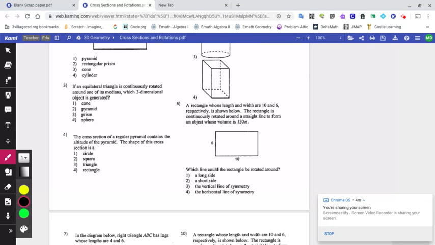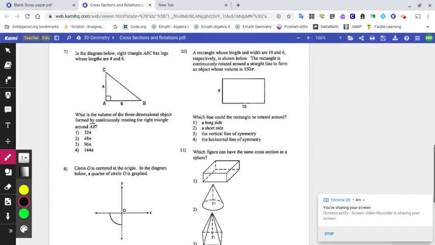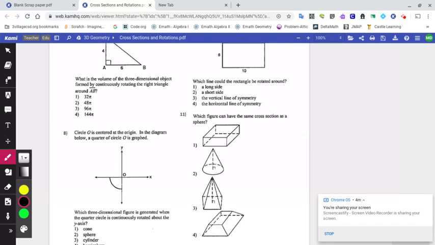The next question that people had asked was number 8. Circle O is centered at the origin. In the diagram, only a quarter of it is shown. What three-dimensional figure is generated when the quarter is continuously rotated about the y-axis? So I'm going to take this and rotate it around the y-axis.